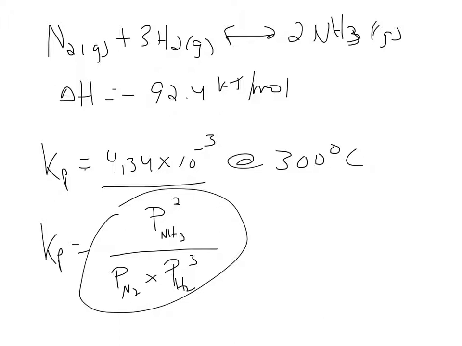When we talk about increasing or decreasing the pressure of a species, it's the same thing as changing the concentration, in the respect that if I add more moles of nitrogen to the container, this is a constant size container, at a constant temperature of 300 degrees Celsius, I'd basically be increasing the pressure of nitrogen.